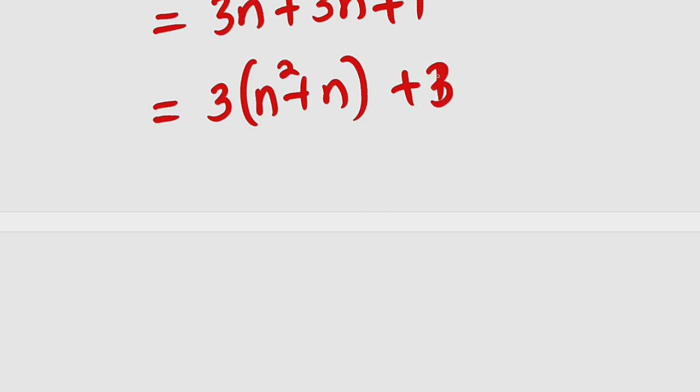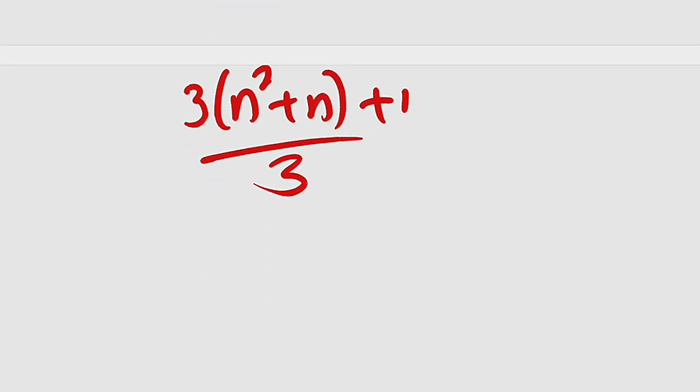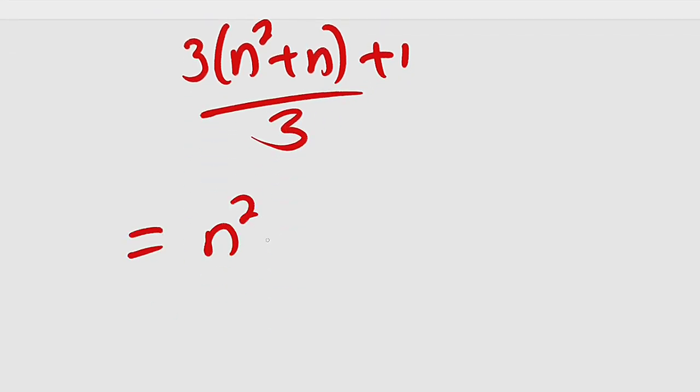But suppose this was 3 or any other multiple of 3, we could conclude that the whole expression is divisible by 3. So if you divide 3(n squared plus n) plus 1 by 3, you're going to obtain n squared plus n, then plus 1 divided by 3. And 1 divided by 3 is a fraction, right?